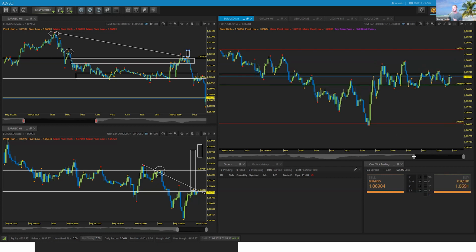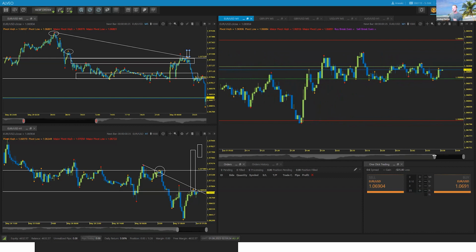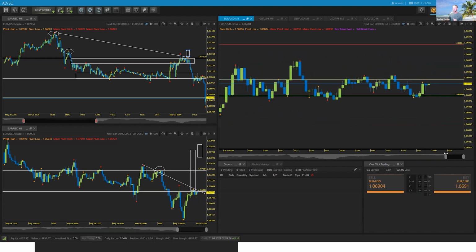But even on a closer look, the 50% rule applies to everything. This is a range. This is 50% of it. This is an entire price cycle. This was 50% of it. Do you all see that?